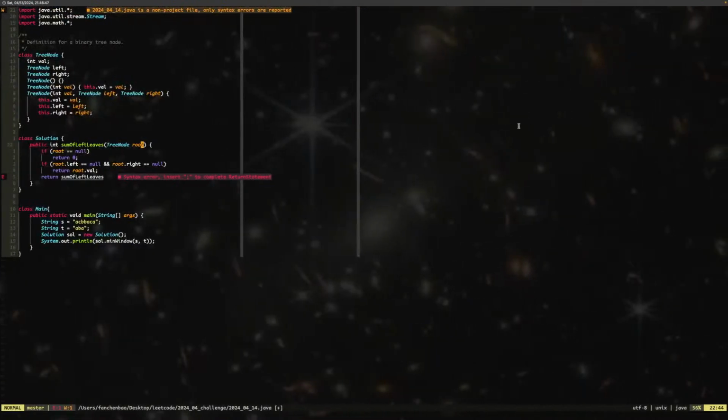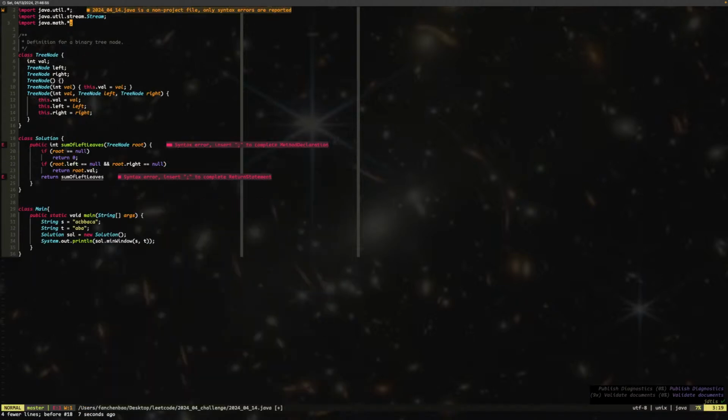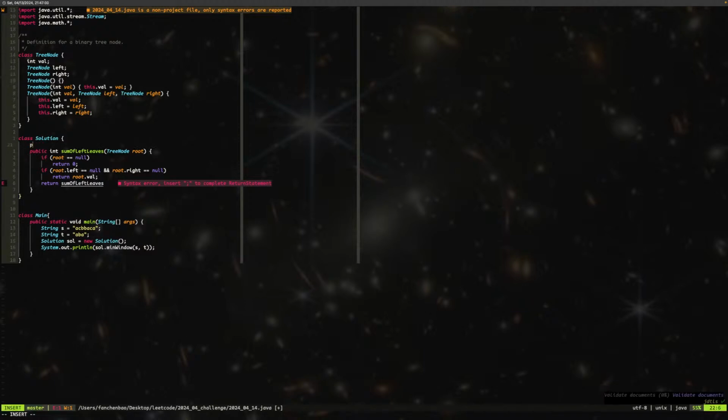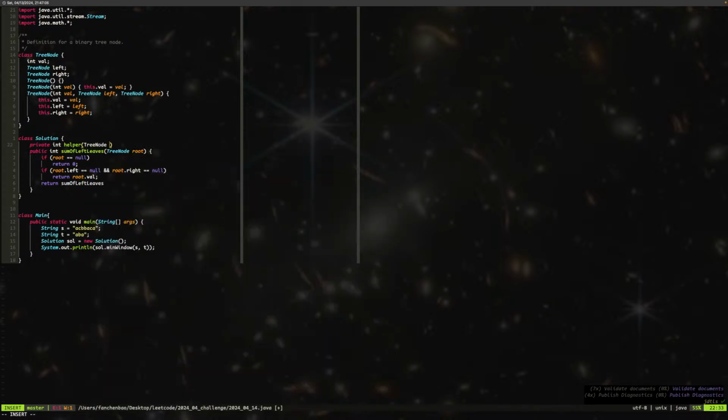Screw this. Private int helper, tree node. I can call it node, and the boolean value is left.